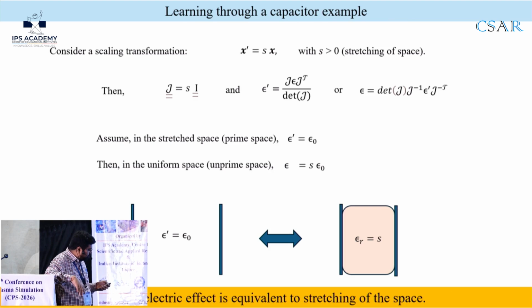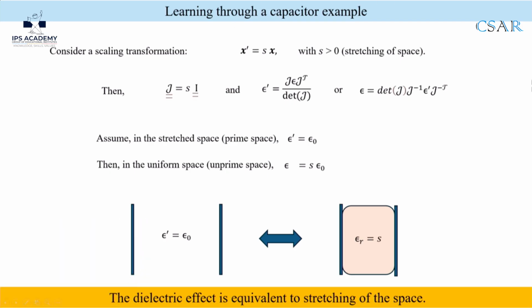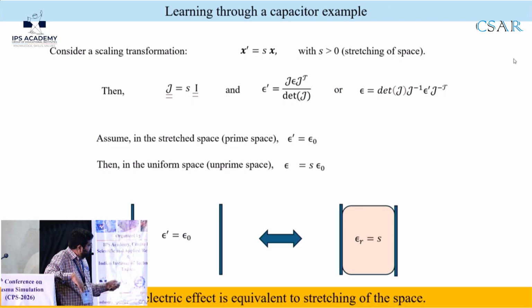If s is just a constant, we know the Jacobian will simply be a diagonal matrix with s on the diagonals, and then you can compute the permittivity tensor. If you put these things in this formula, you would find that if my primed coordinate system, the stretched one, has a permittivity of epsilon naught, then in the unprimed, uniform coordinate system, the permittivity will be s times epsilon naught.